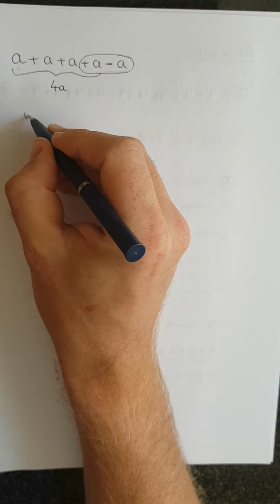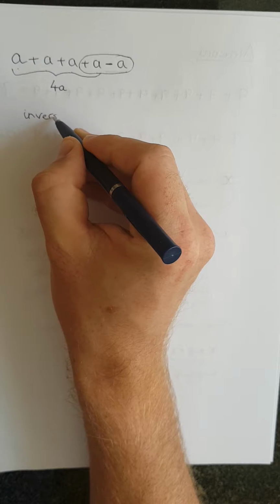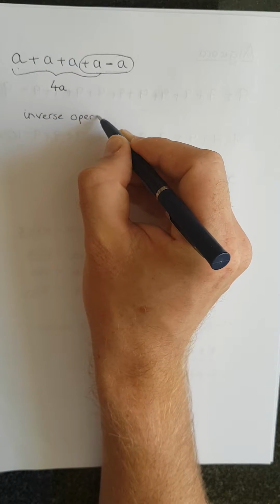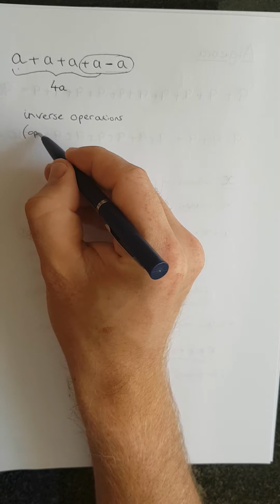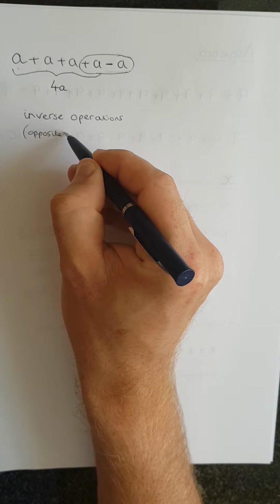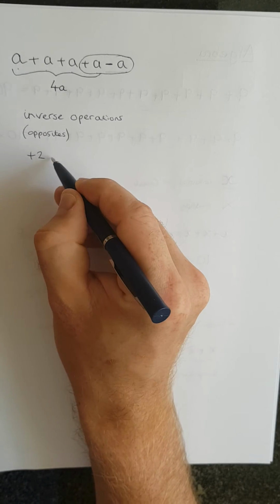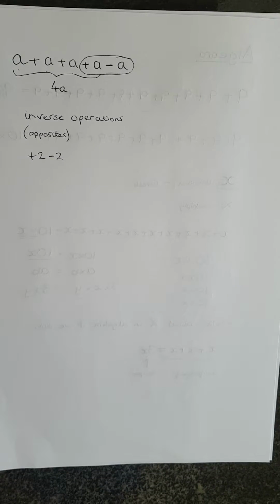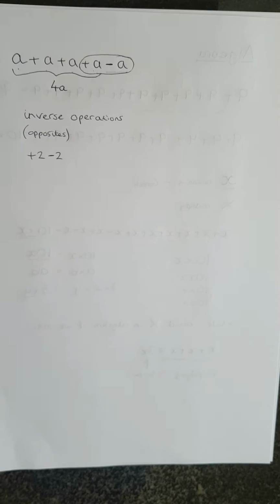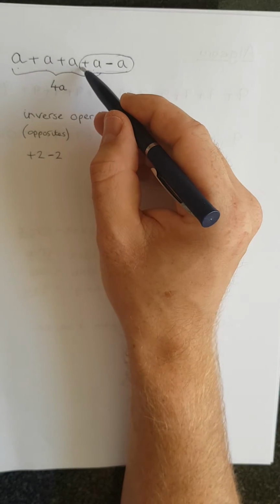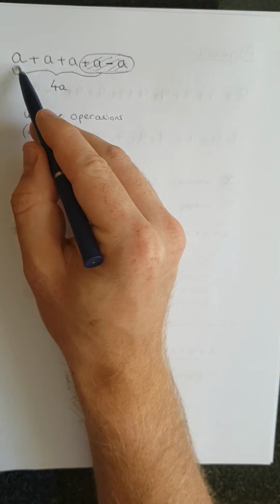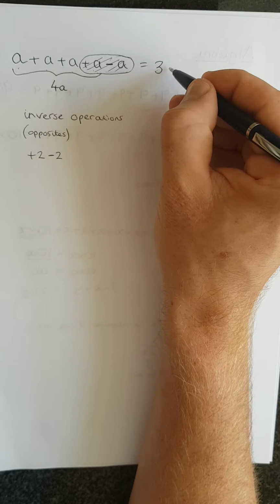Adding and subtracting are inverse operations. They are opposites. They cancel each other out. So if I add 2 and I take away 2, that cancels out. So when I add a and I subtract a, that cancels out. So what am I left with? I'm left with 3a.